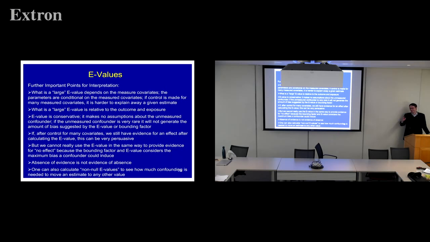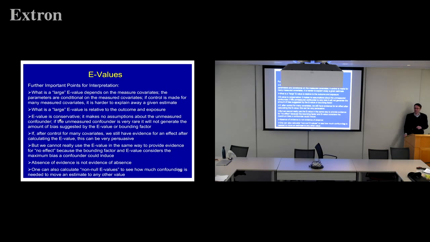So if I had an e-value of twofold and my outcome was mortality, I might think, well, we don't have many risk factors that increase or decrease mortality by twofold, kind of 30%, maybe sometimes 50%, but twofold, generally not. Whereas if my outcome were suicide, twofold, we have quite a few risk factors that increase the likelihood of suicide by twofold. So a lot of this really is context specific.